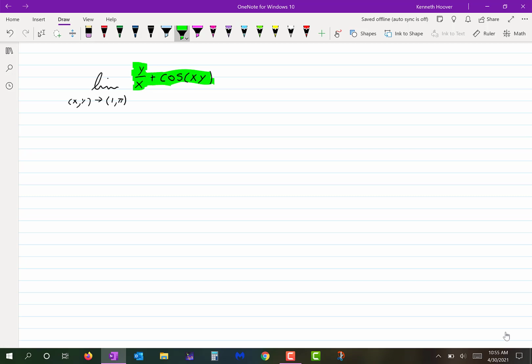So the sum of the two is continuous, and therefore the limit as xy approaches 1 pi equals the value at 1 pi, which will be pi over 1 plus cosine of 1 times pi, which equals pi plus negative 1. There's our answer. Minus 1. So that's an easy one.